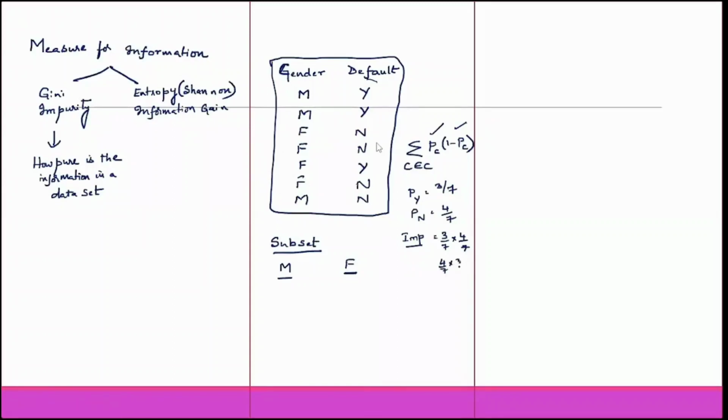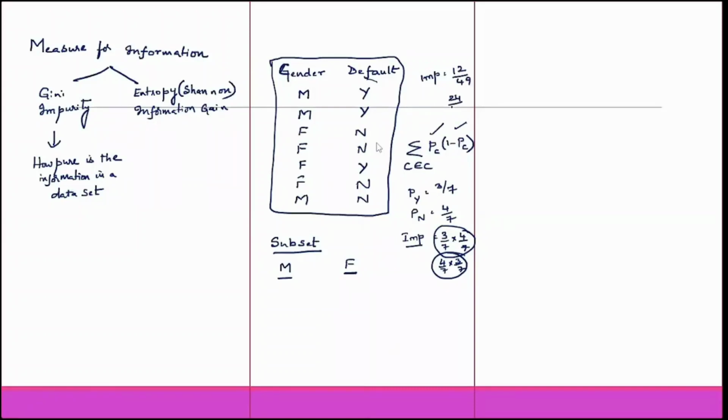Basically, what you will get is exactly the same because there are only two groups. It doesn't matter if you take only one or you take both. So it's just a kind of double thing that can come up. You can very well say that the impurity right now is either 12 by 49 or 24 by 49.